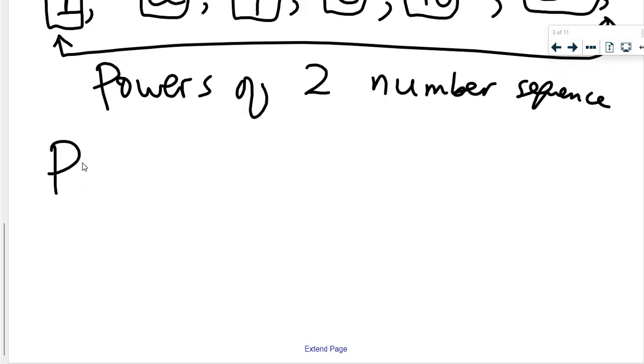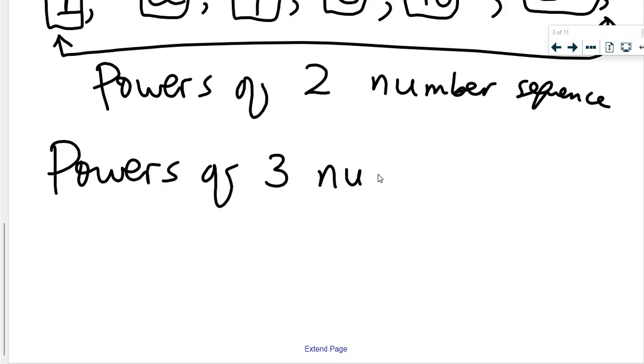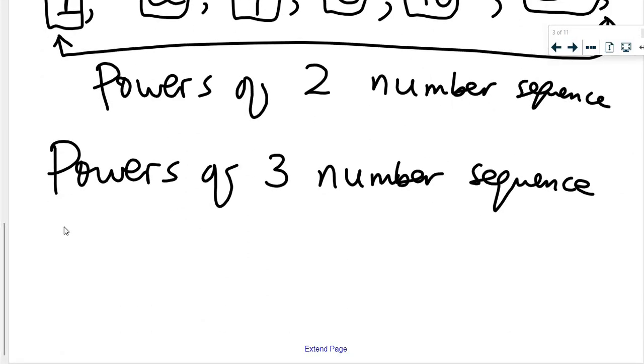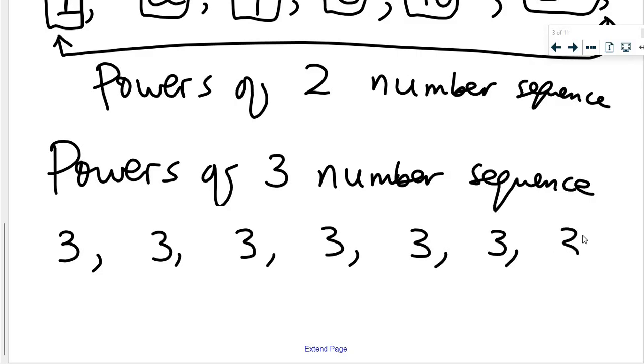Powers of 3 number sequence, the same thing. The powers of 3 number sequence means they have base of 3, and so on and so forth.